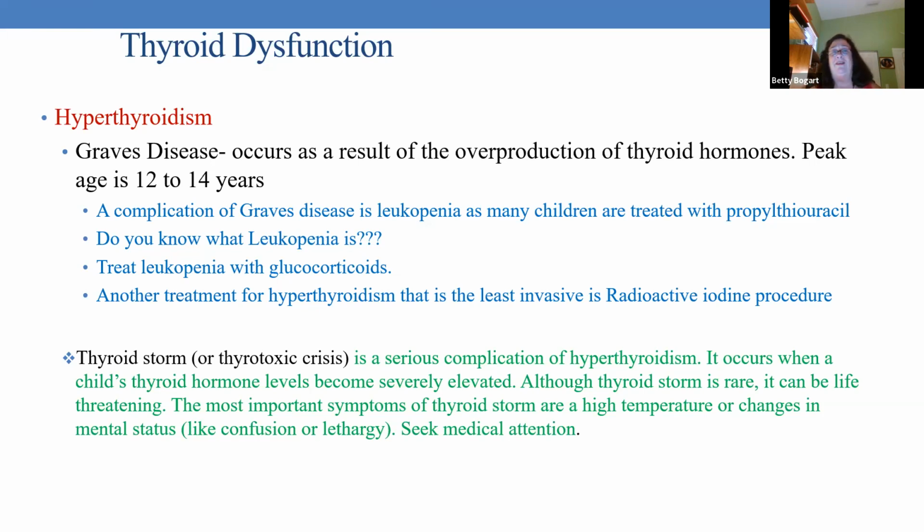That's why nursing teaching is so important, because we have time with our patients. One of the complications is leukopenia, a decrease in white blood cells. With low white blood cells, you're going to be apt for fevers, and you're also going to be apt for sore throats. So the side effects of PTU are fever and sore throats.